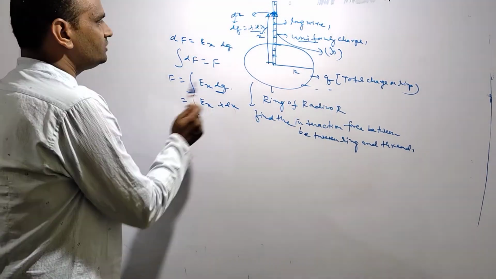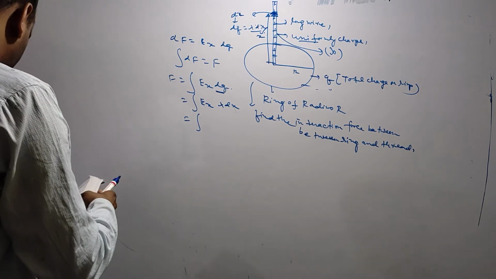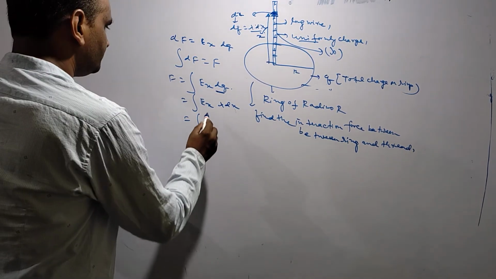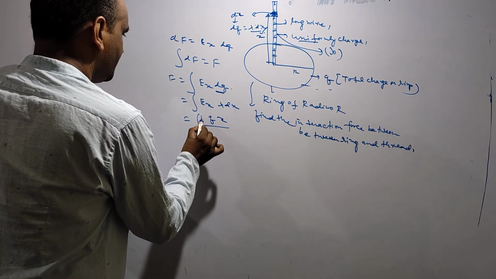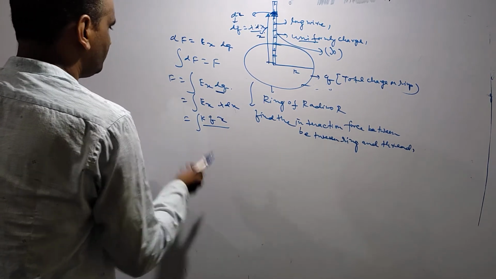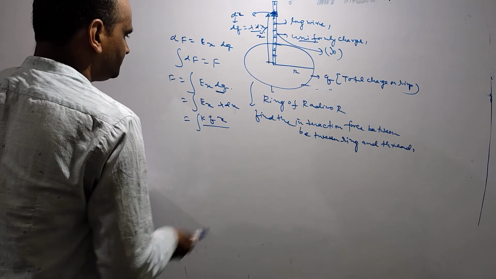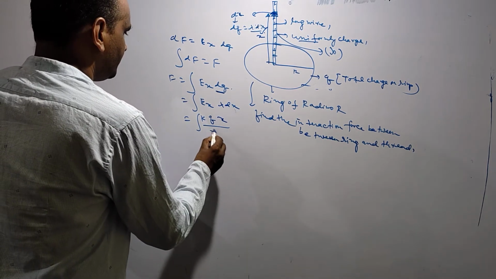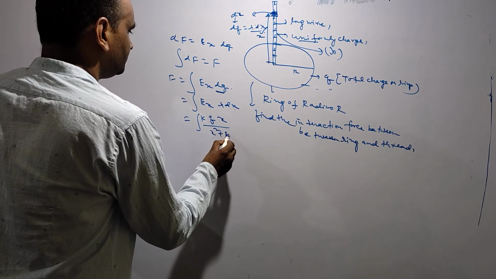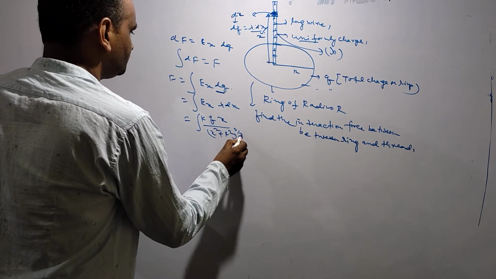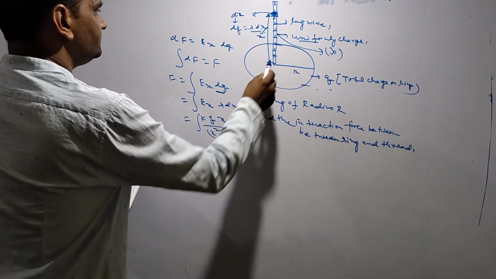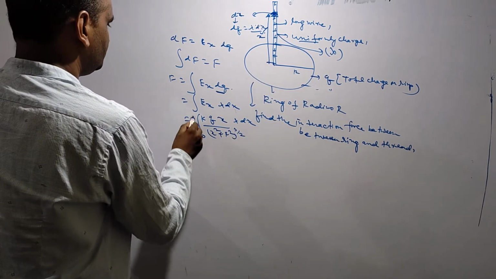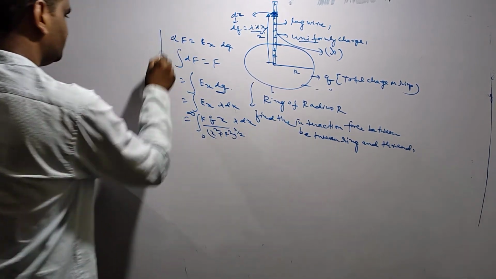So you know this is due to the ring. We know what is the electric field due to the ring. Ex equals kqx, may I write k for 1 by 4 pi epsilon naught, kqx over (x square plus r square) to the power 3/2, times lambda dx, and the integration goes from 0 to infinity.